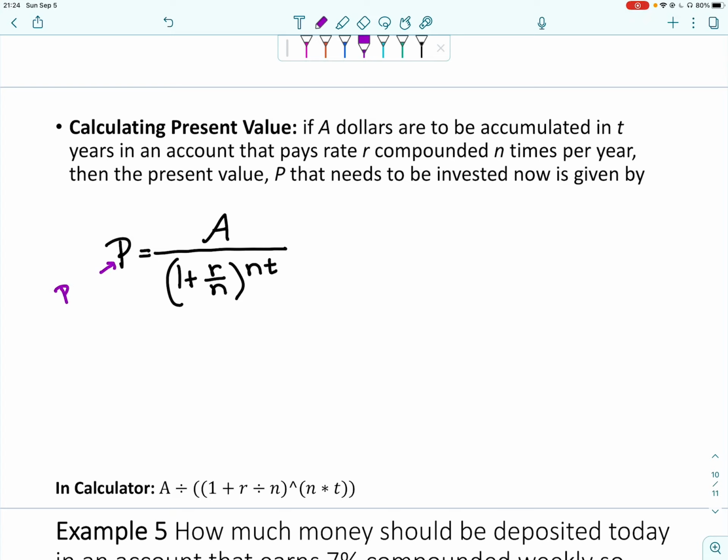And just as another reminder, P is the principal or present value. A is the future value. R is the rate.